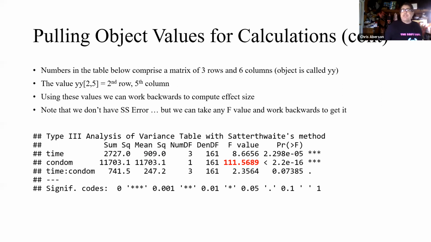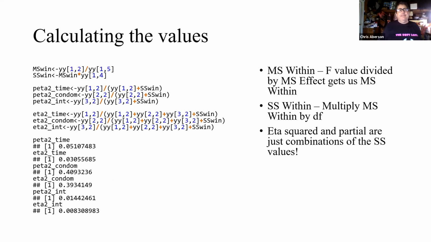If I wanted any of the other values, I could specify them the same way. Again, we don't have sums of square error, but we can get that mathematically. So first up, I calculated the mean square within. That's just the F value multiplied by the mean square. I then calculate the sums of square within from it. And then the partial eta squares are just the sums of squares for our effect, divided by those effects plus the sums of square within.